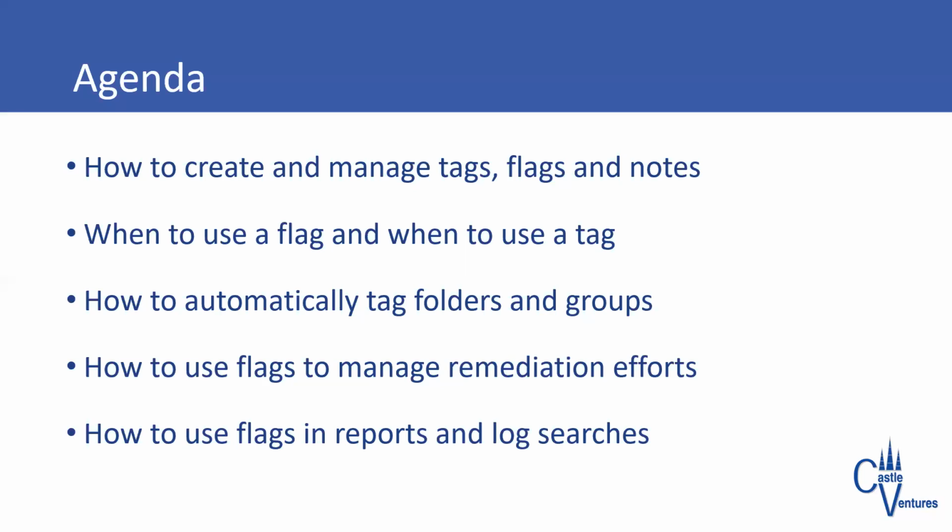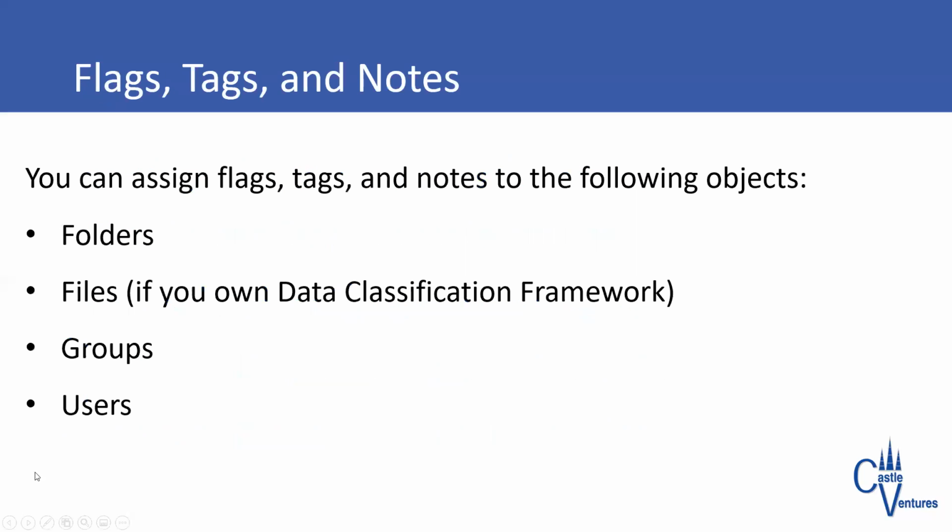But as I mentioned, they're kind of the hidden gems of Varonis because you can use them to flag folders, files, groups, users. Essentially, what you can do is group together like resources with characteristics that are not in the Varonis tool. So if you wanted to flag all of the users who are over 6 feet tall, you could create a flag called 6 feet tall and apply it to those individual users.